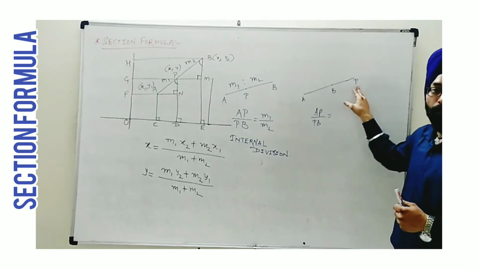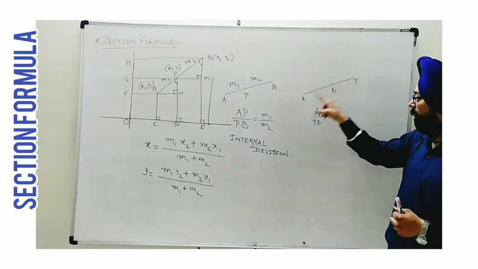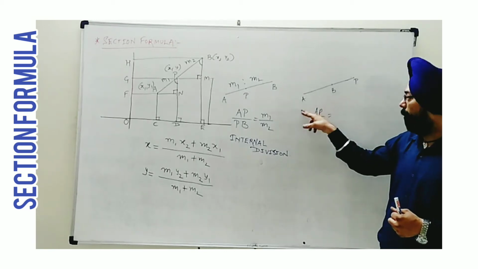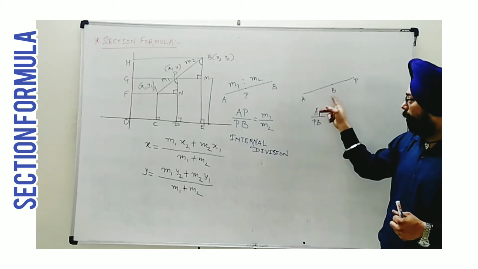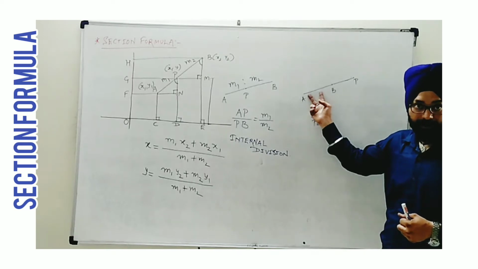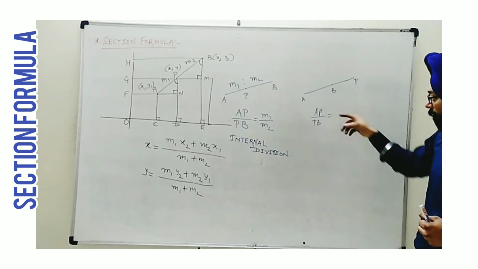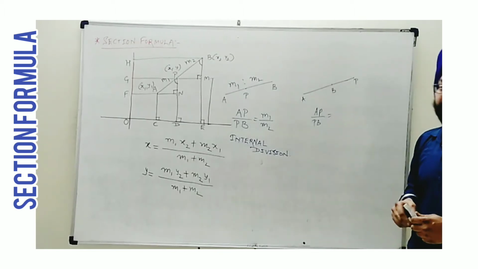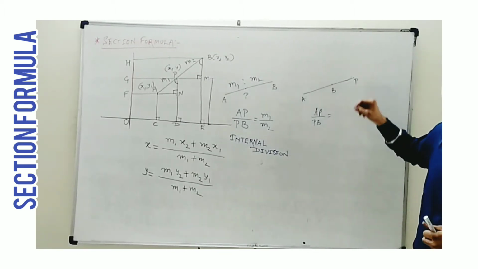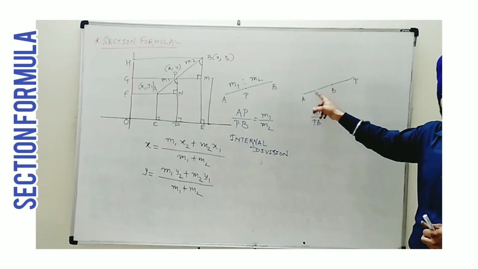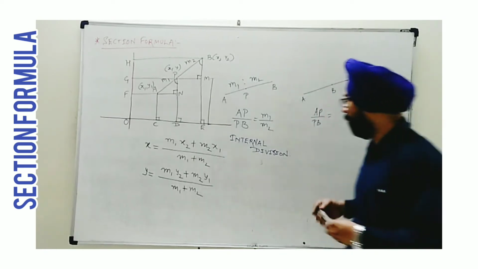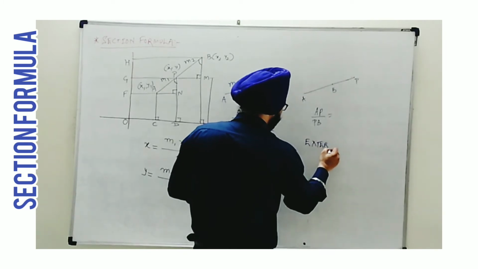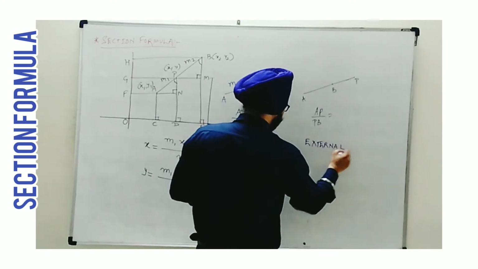With respect to P, we measure the lengths PA and PB. We measure the distances of A and B points, which are the endpoints of this line segment AB. In such a way, when we find this ratio AP is to PB, such a division with respect to P, as P is not somewhere between A and B, such a division is known as external division. This is external division.